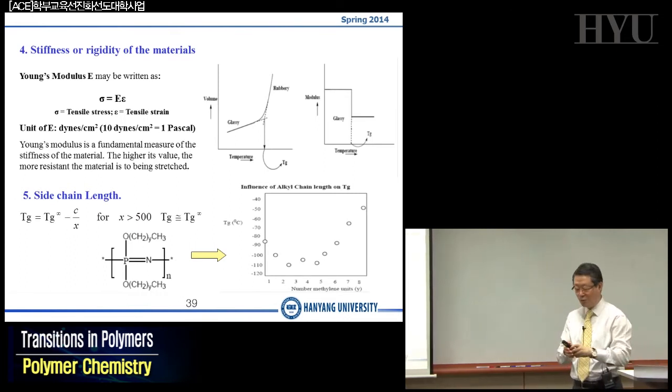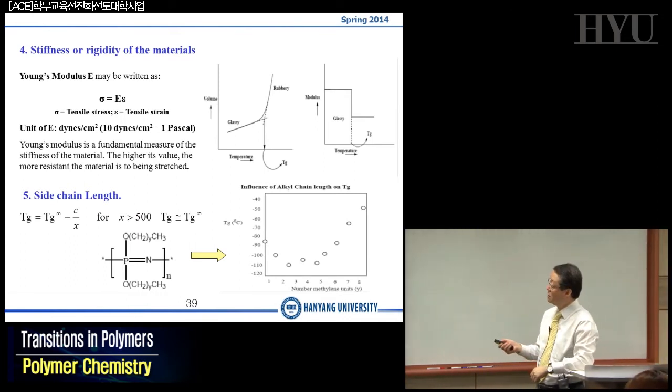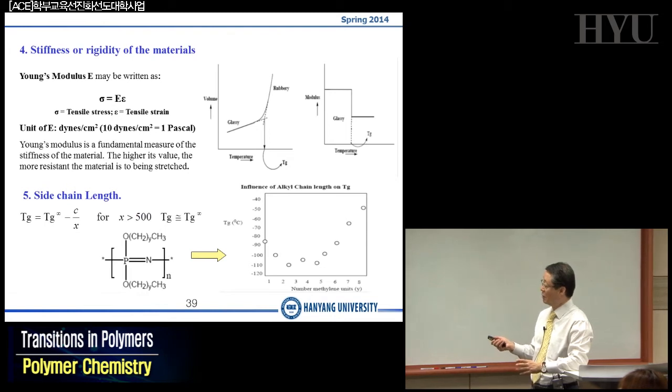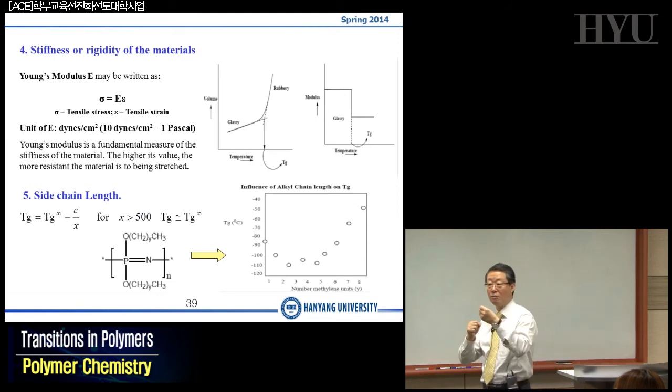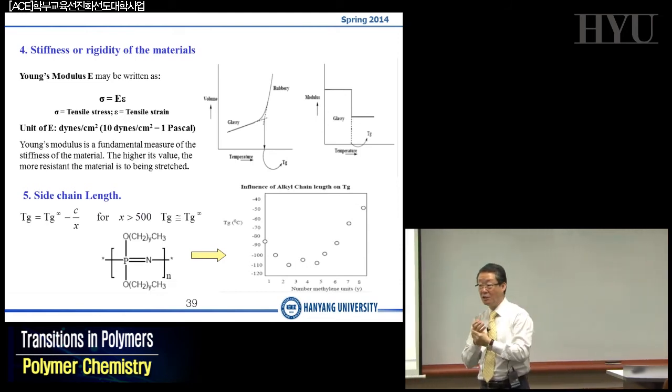If you think about your spring, the modulus is the constant where your stress versus the strain is correlated, and you can detect the Young's modulus. Now, Young's modulus is different from storage modulus because you have a different mode of mechanical stress.